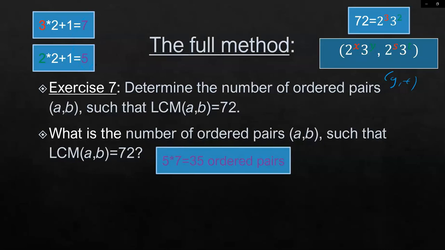But if it was unordered, it would be 6 of them, since three come from the last one and two from this one.